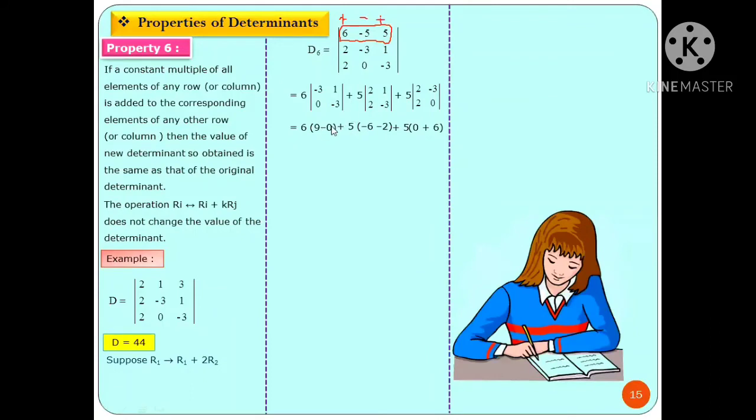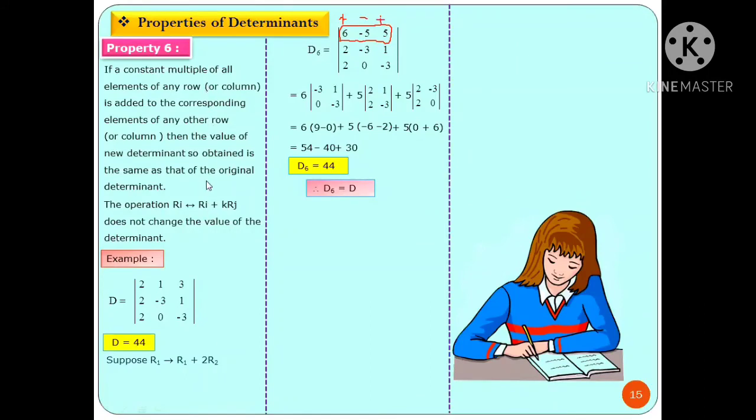Then 9 minus 0 is 9, 9 into 6 is 54. Minus 6 minus 2 is minus 8, minus 8 into 5 is minus 40. And last, 0 plus 6 is 6, 6 into 5 is 30. Check: 54 minus 40 is 14, 14 plus 30 is 44. The value of the determinant is obtained the same as the determinant D. So the property is verified here.